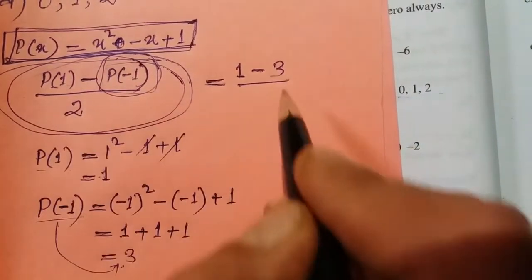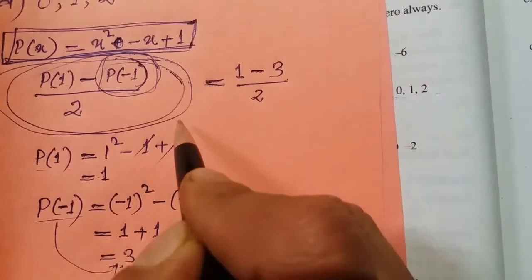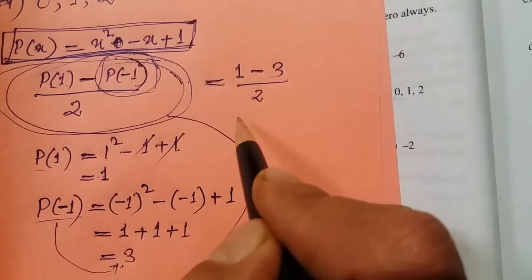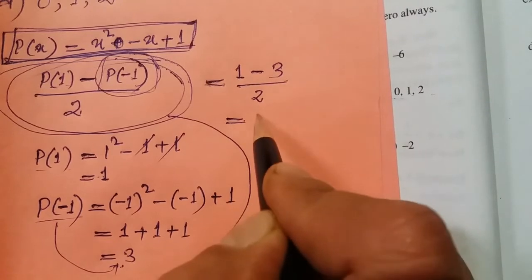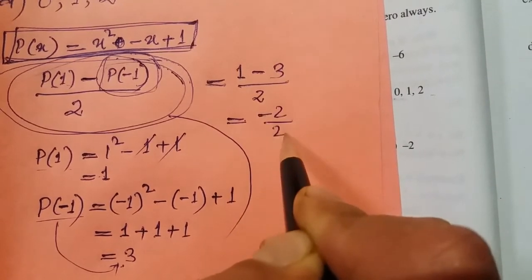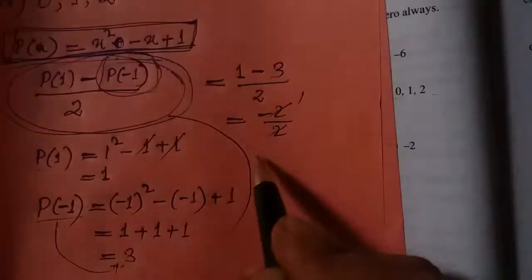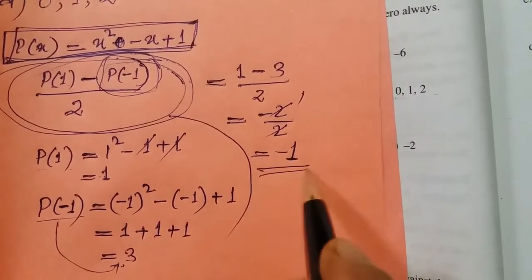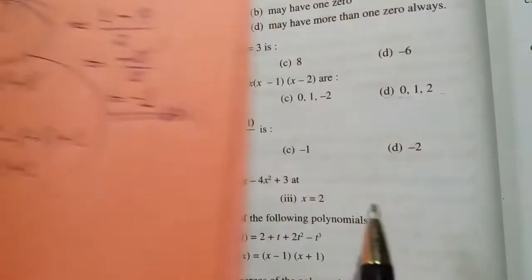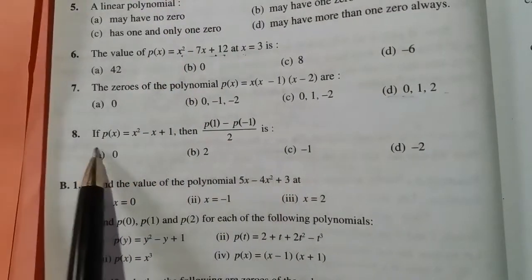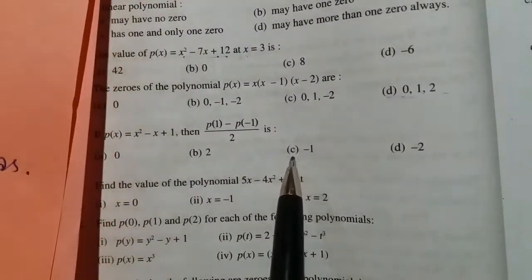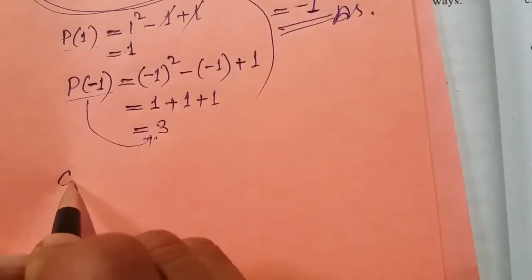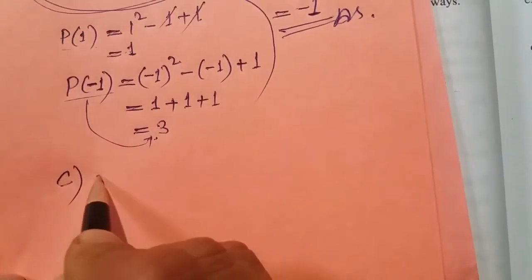And then we have here in the denominator 2. Now this is equal to 1 minus 3 is minus 2 by 2. Now if you cut this, you get here minus 1. So minus 1 is our answer. Now let's see where we get minus 1. Here C is the correct answer. Number 8, C is the answer, that is minus 1.